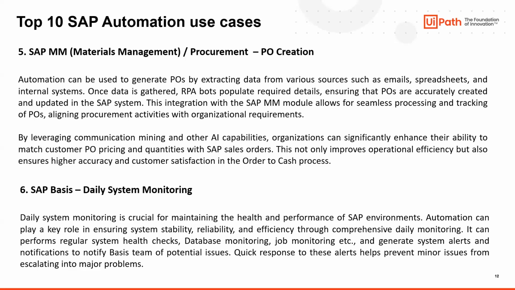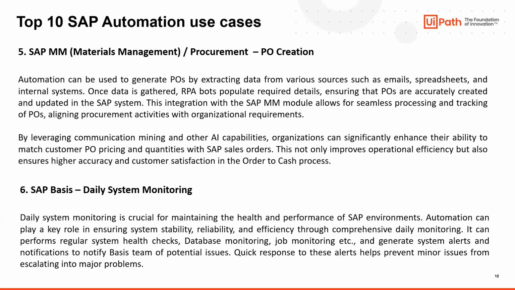where the automation can go and check the system availability, whether the system is up and running or not. And it can check the database, it can check for jobs which have been running for a longer period of time. It can do the health check. It can do the resource allocation check as well.